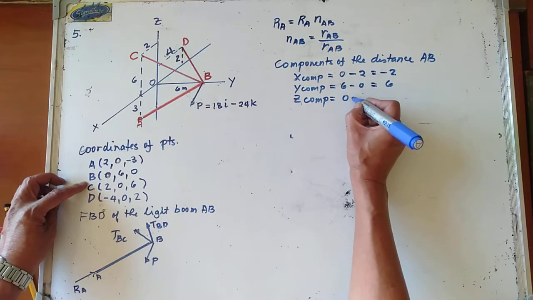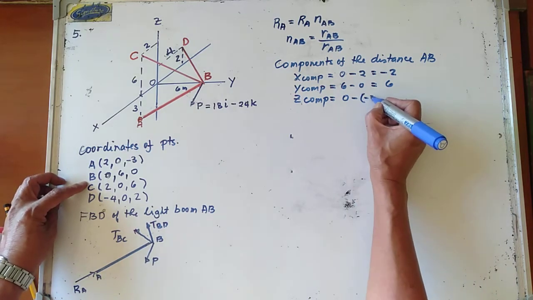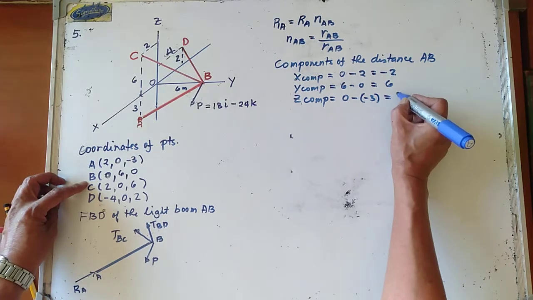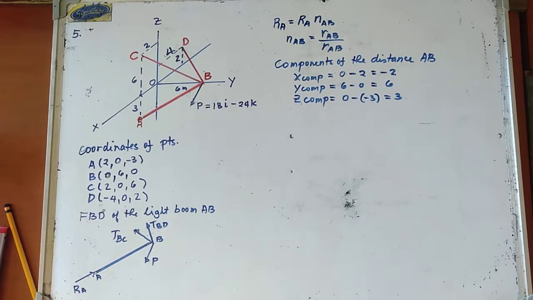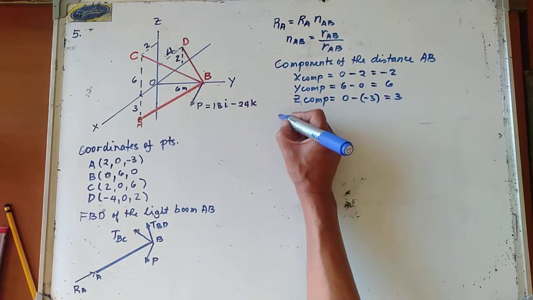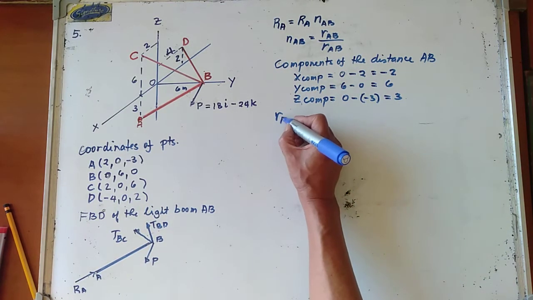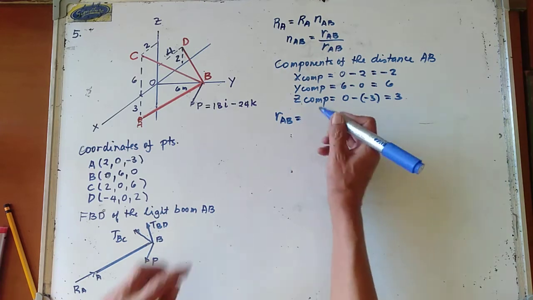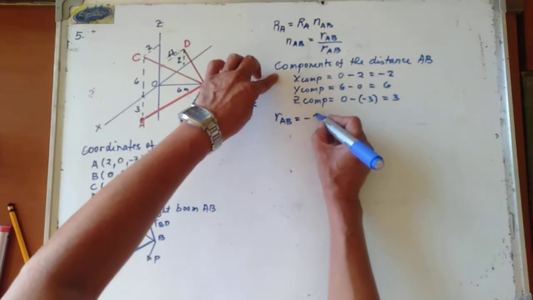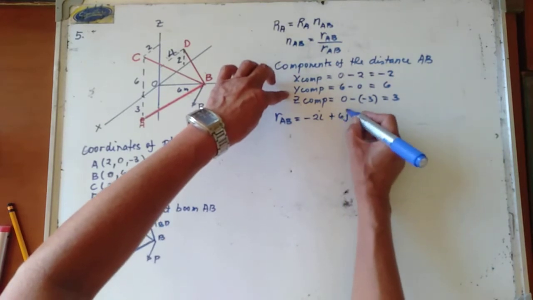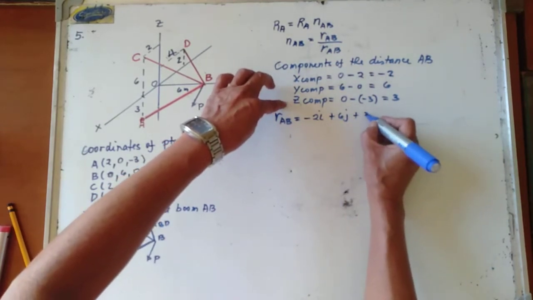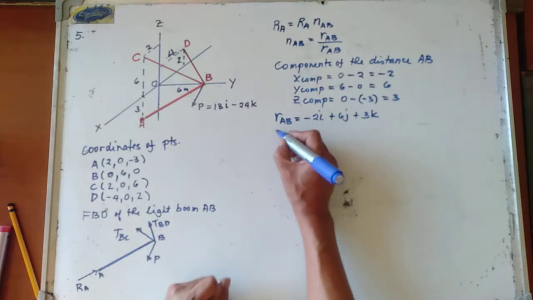And 0 minus negative 3, so that is equal to positive 3. Hence, your RAB is equal to minus 2i plus 6j plus 3k.